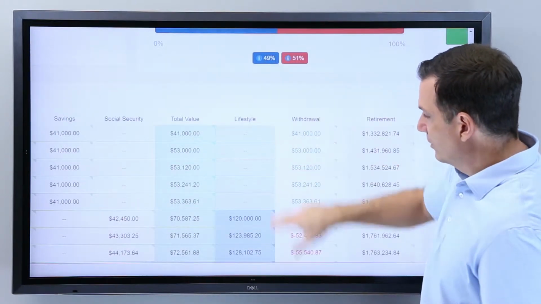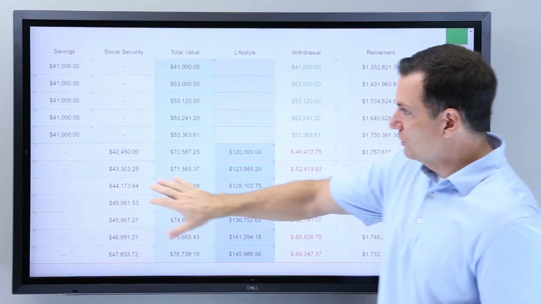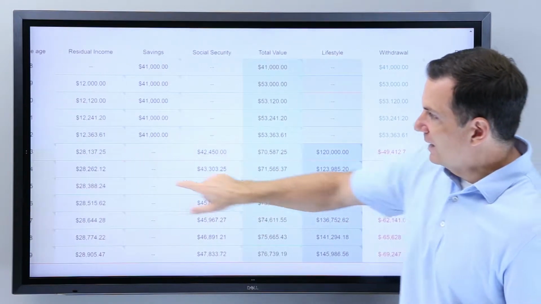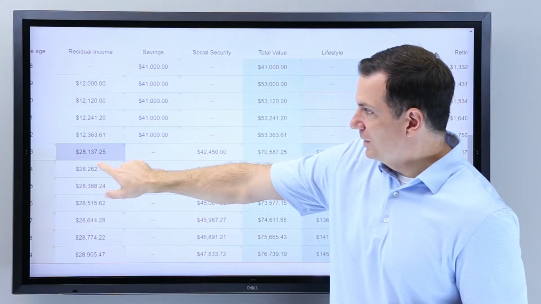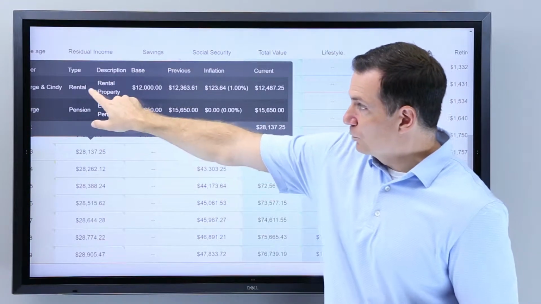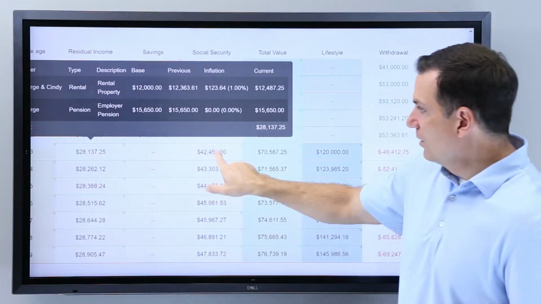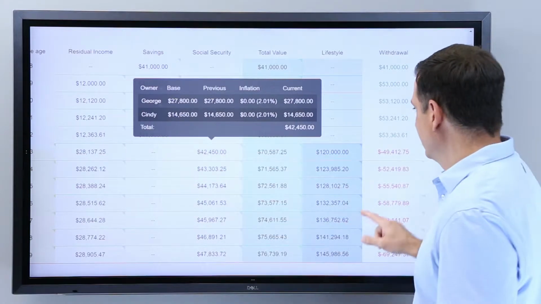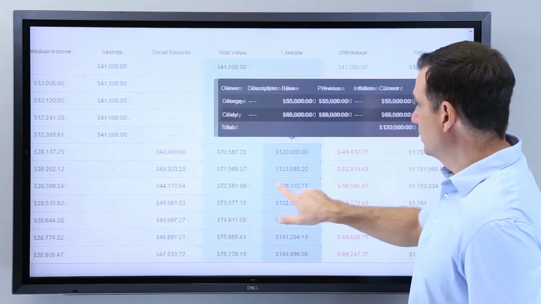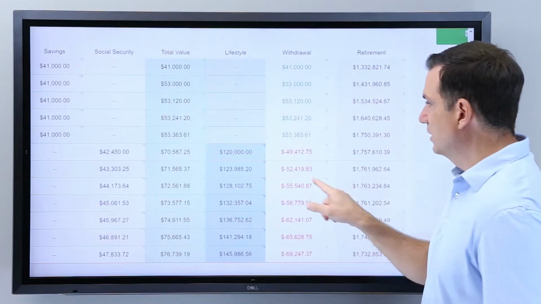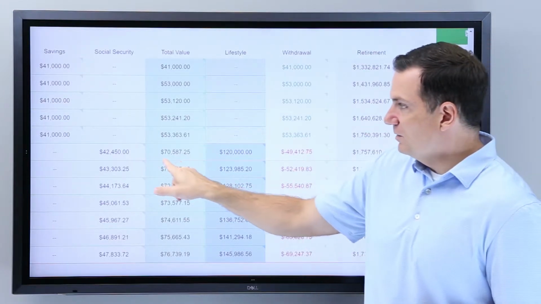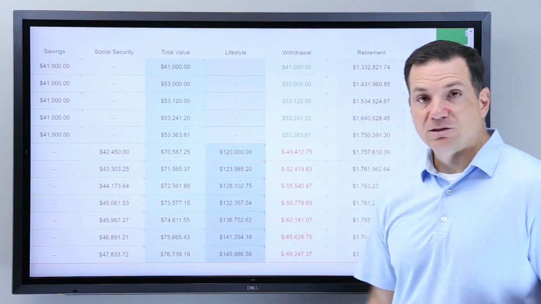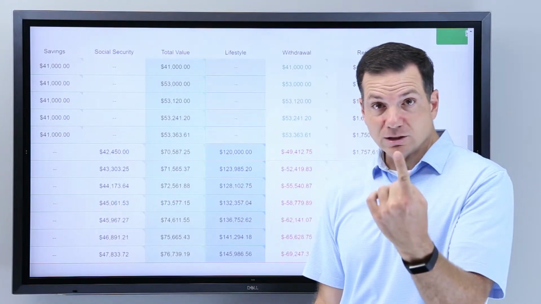So if we look at their investments or their chart over the rest of their life, they've got a little bit of pension income coming in here, and rental property income. They've got some Social Security coming in when Social Security kicks in. They want to live on $120,000 of retirement income, which basically means of the pension and Social Security, it amounts to $70,000 in their first year.